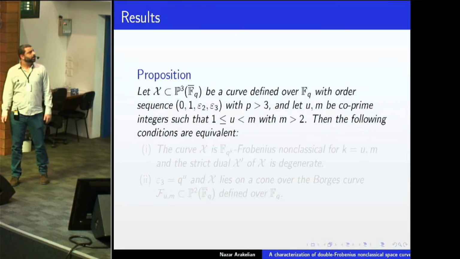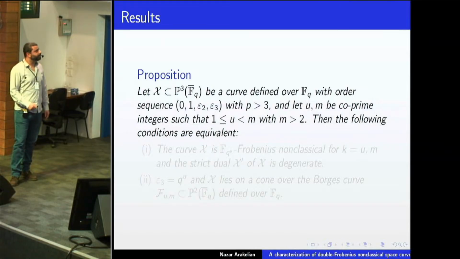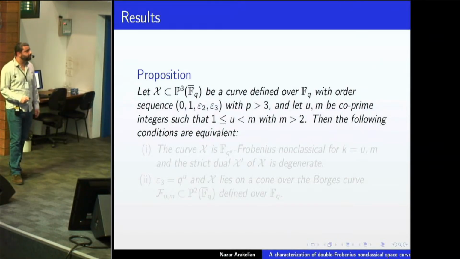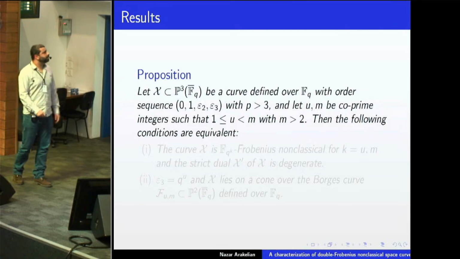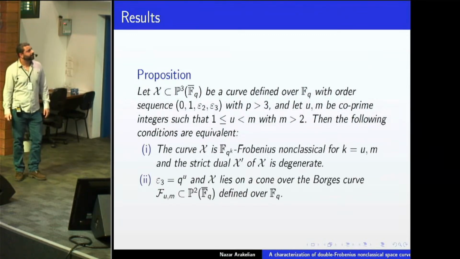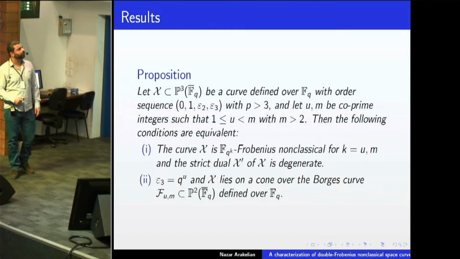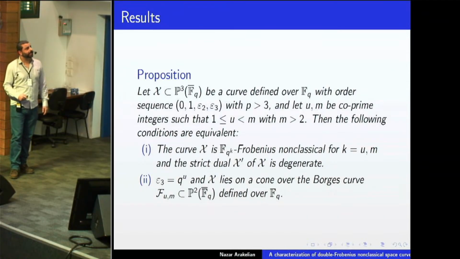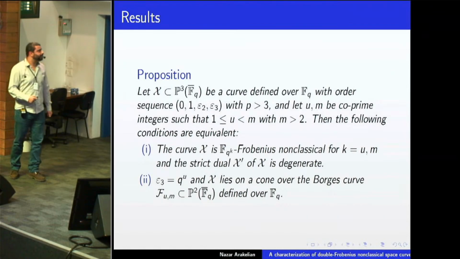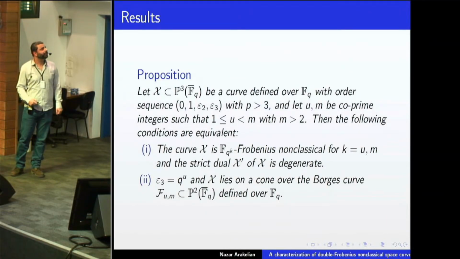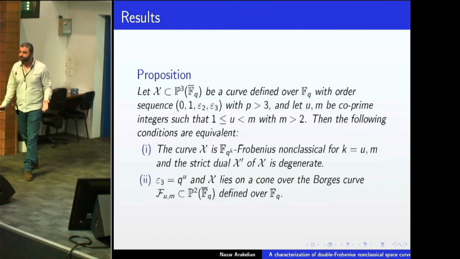So consider a curve X in P3, u and m coprime integers, m bigger than 2. Then the following conditions are equivalent. Your curve is double Frobenius non-classical and the strict dual is degenerate, if and only if ε3 equals q to the u, and X lies on a cone over the Borges curve defined over Fq.